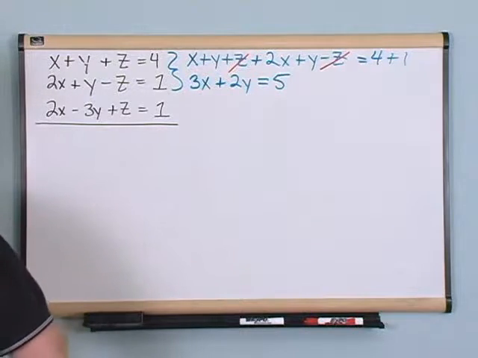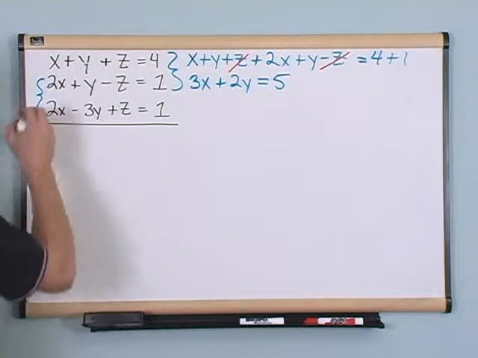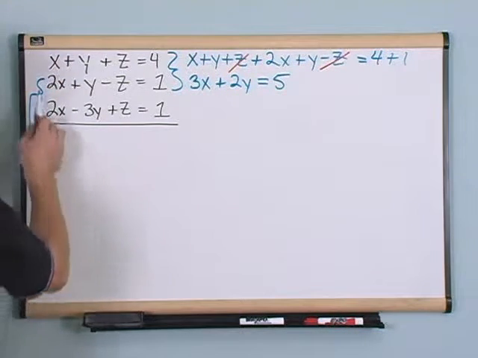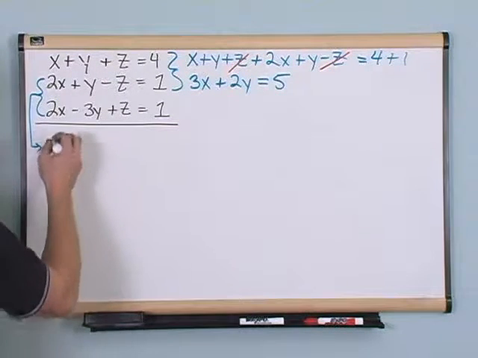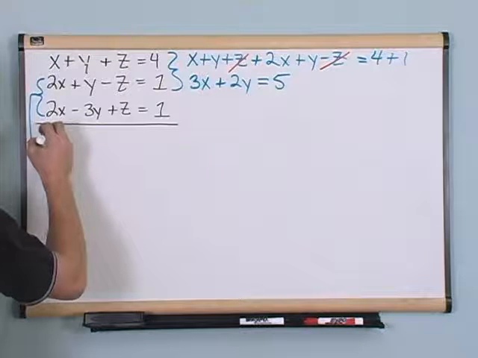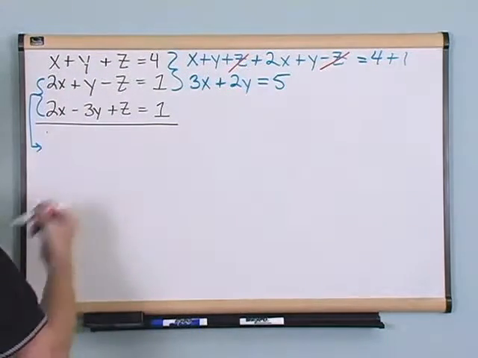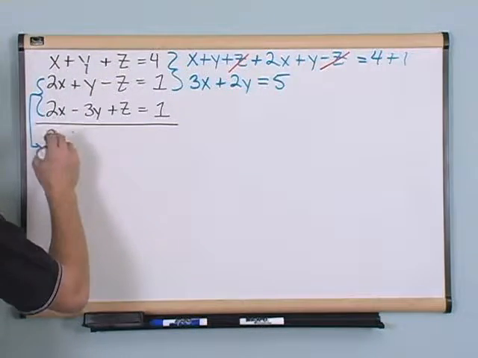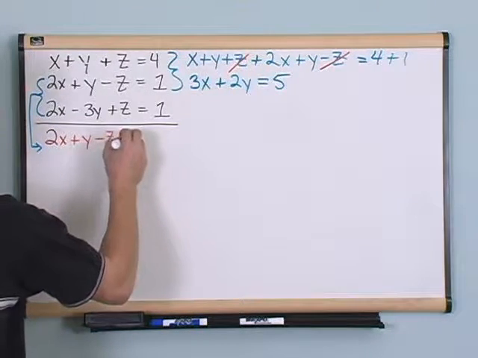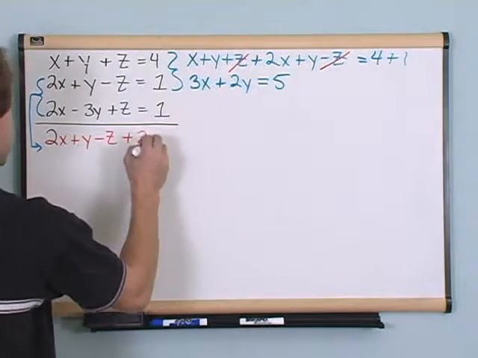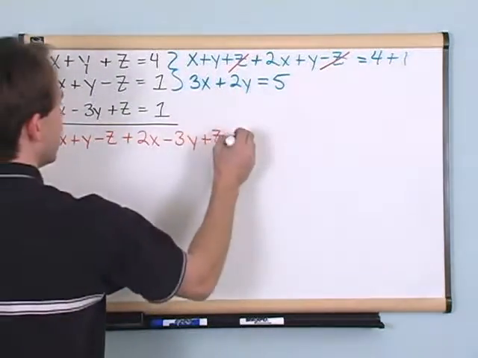The next thing I want to do is work with these two equations down here. Again, I notice if I add these equations, the z and the negative z are going to cancel, and I like that. Let's change colors so that we know we're doing something a little different here. We're going to have 2x plus y minus z plus 2x minus 3y plus z equals 1 plus 1.